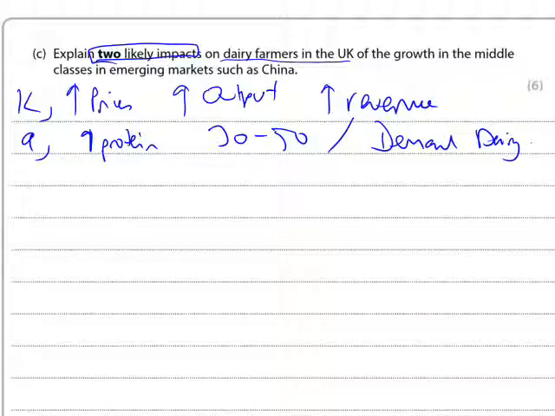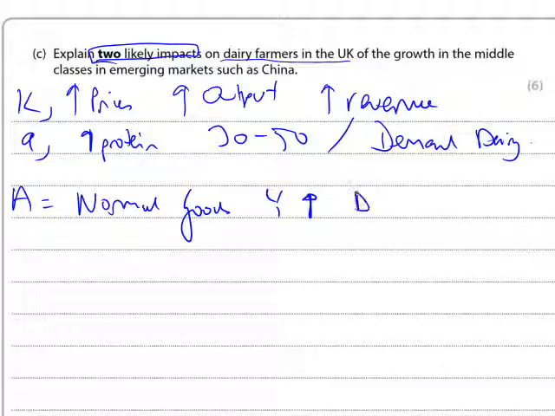If you want to take this to a higher level in terms of the analysis, you could talk about those being normal goods, and as incomes rise, so too does demand for them, and that increase in demand would increase producer surplus. That's an impact as well.